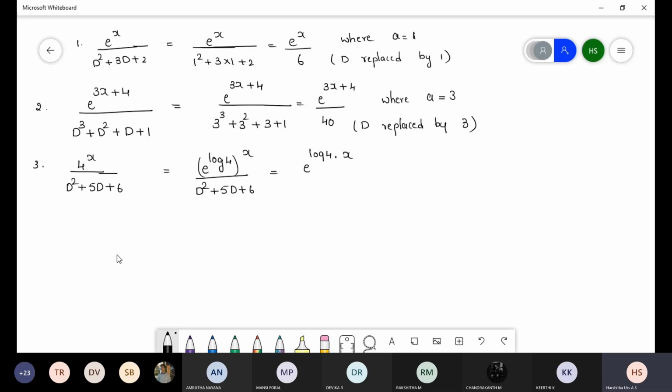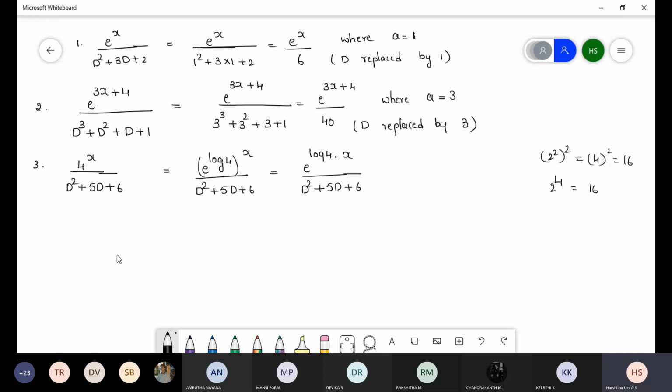Like that, here it is in the form 2 square whole square. So 2 square means 4, 4 whole square means 16, or 2 power 4. This is also 16. Both are the same.